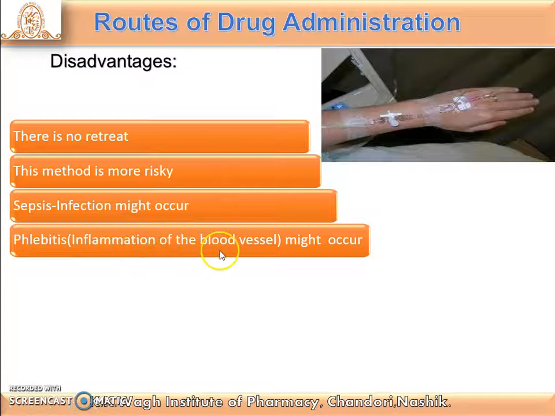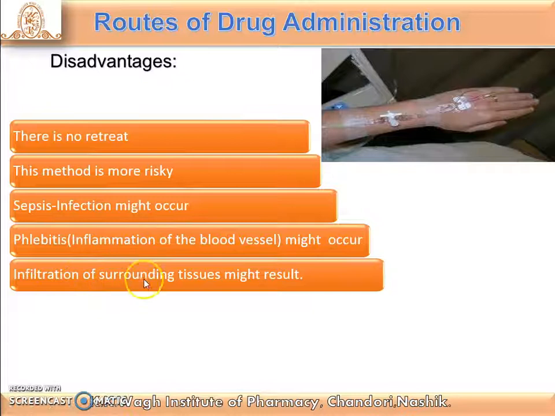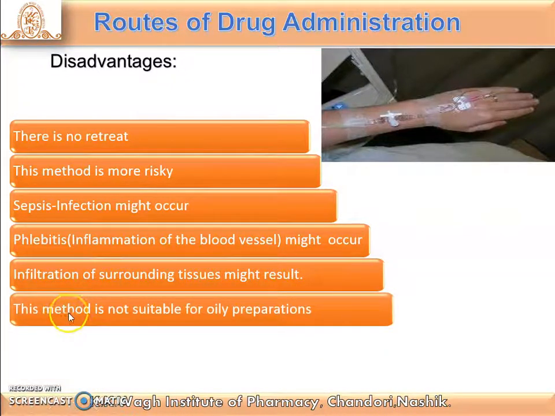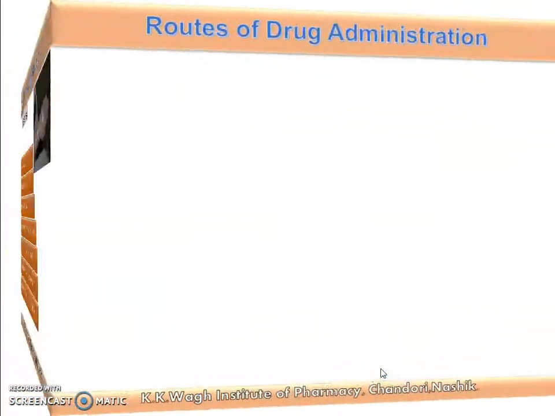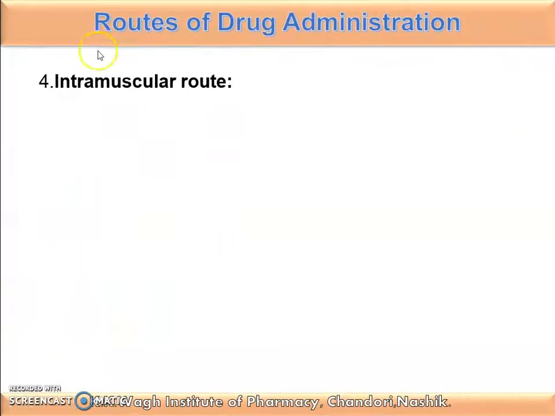Phlebitis, that is inflammation of the blood vessel, might occur by this route. Infiltration of the surrounding tissue might result. This method is not suitable for oily preparations or for insoluble preparations. These are the disadvantages of the intravenous route. Then the next one is the intramuscular route.